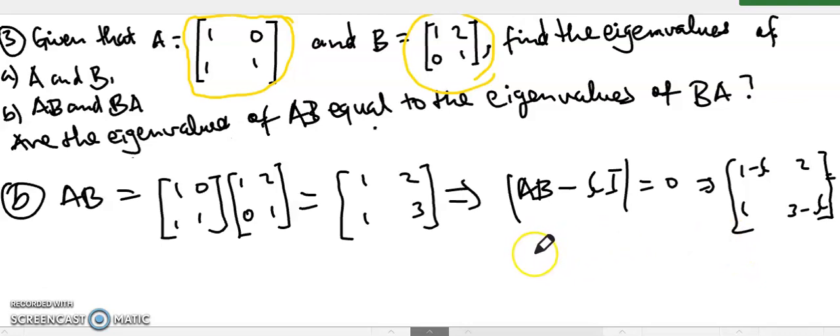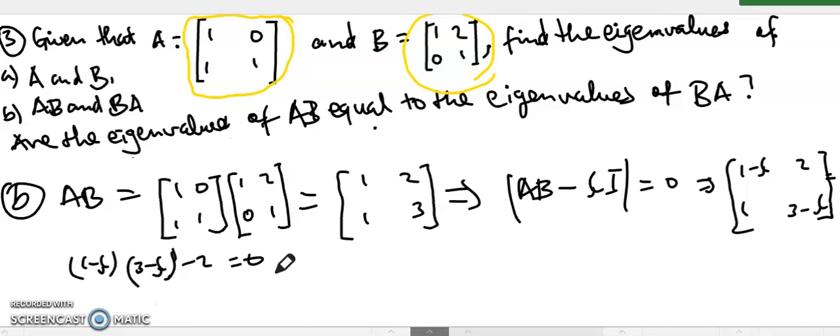This will simply be 1 minus lambda times 3 minus lambda, and this must be equal to 0. Of course, we have 2 here, so this is minus 2. So 3 minus lambda times 1 minus lambda, then minus 2 is equal to 0.